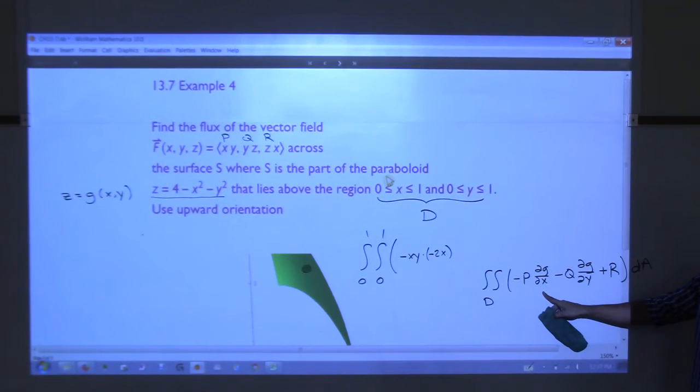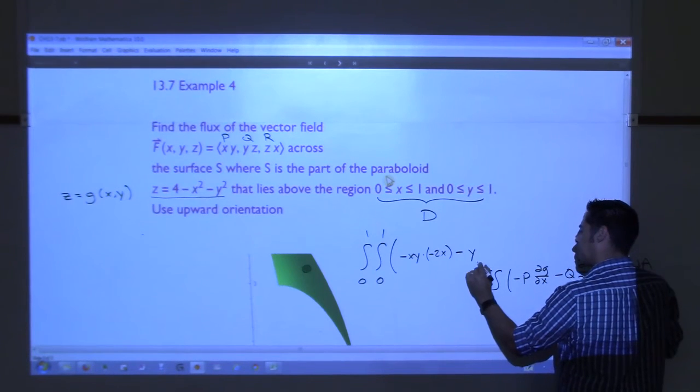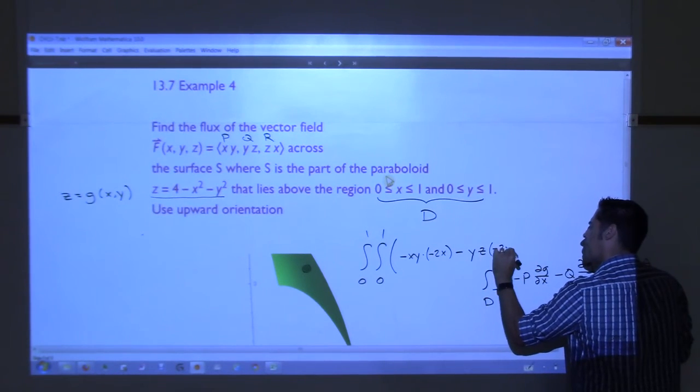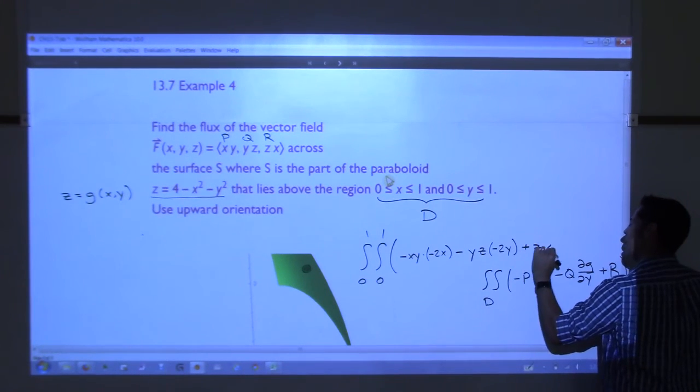Minus Q, which is yz, times partial of g with respect to y, negative 2y. Plus R, plus zx.